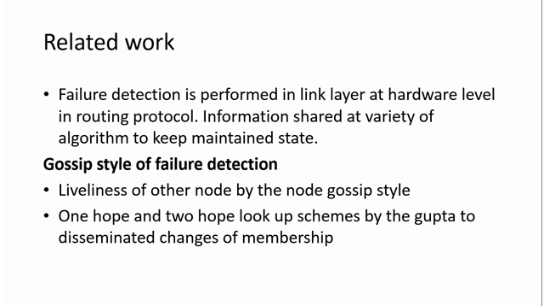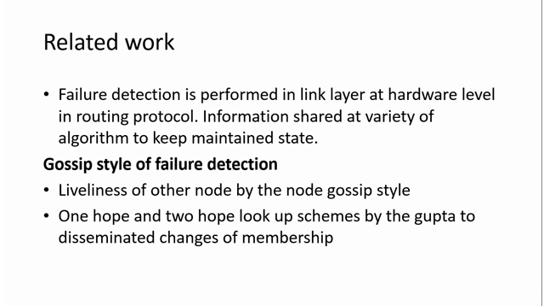The related work. Failure detection is performed in the link layer at hardware level in routing protocols. Information is shared in a variety of algorithms to keep maintained state. Gossip style of failure detection: nodes learn the liveliness of other nodes by gossip.